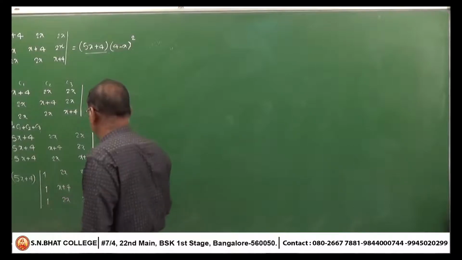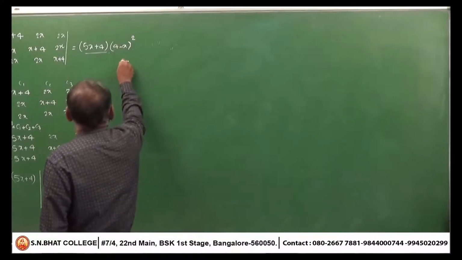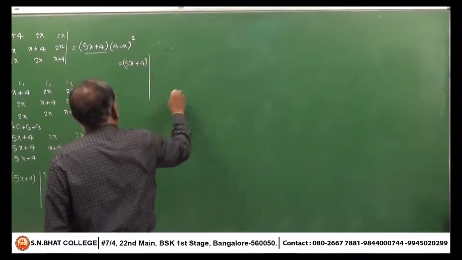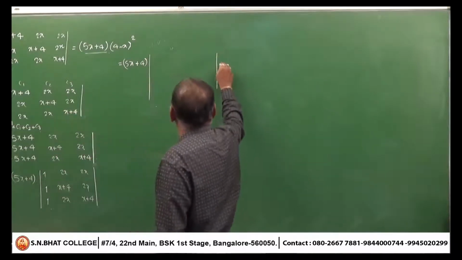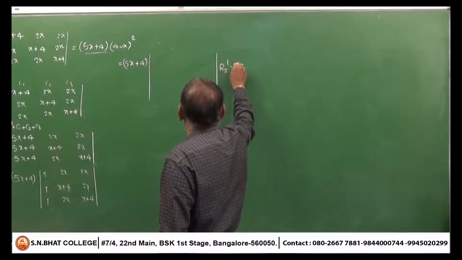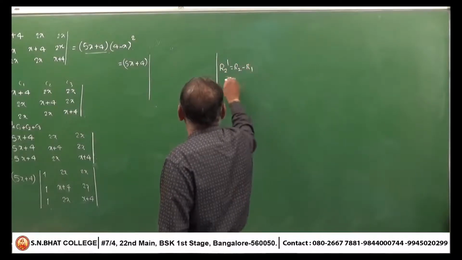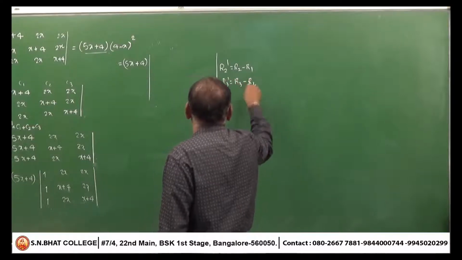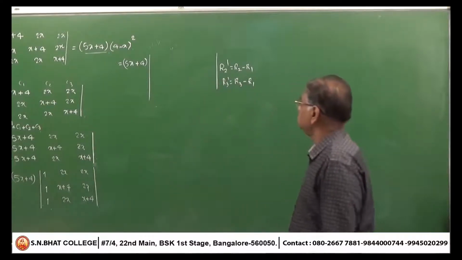This is R2, this is R3. 5x plus 4 into... I will make the elements of R2 and R3 zero. R2 dash is R2 minus R1, R3 dash is R3 minus R1 only, not R2.